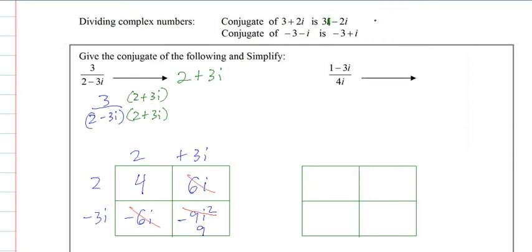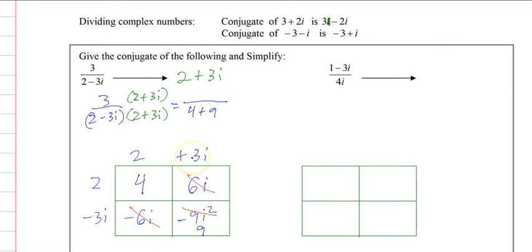So what we could have done is this instead: 2 times 2 is 4, and then minus 3 times 3 is minus 9i squared, which is 9. This will always turn positive because this will always be negative, and the i squared will always cancel it. So you could just go 2 times 2 is 4, 3 times 3 is 9, so it's 4 plus 9.